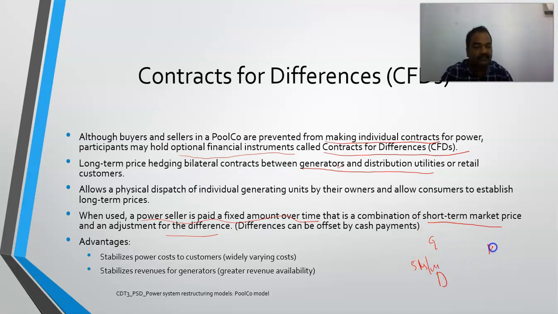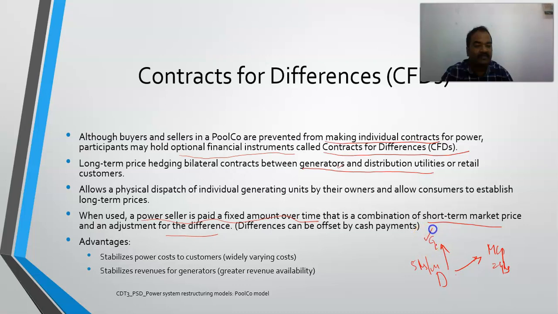If the market clearing price is 4 rupees, the generator must get 5 rupees because they already made a contract. So this guy will pay 4 rupees to the market for getting the power and 1 rupee to this generator, because he has already made up his mind to buy at 5 rupees. So he pays 4 rupees here, 1 rupee here.